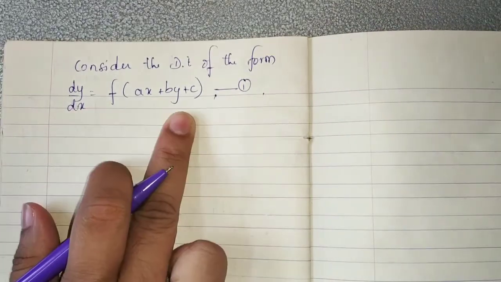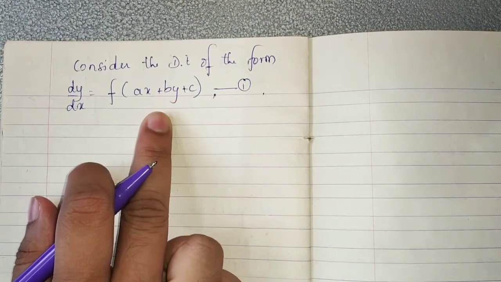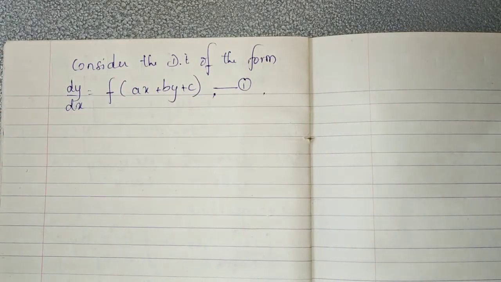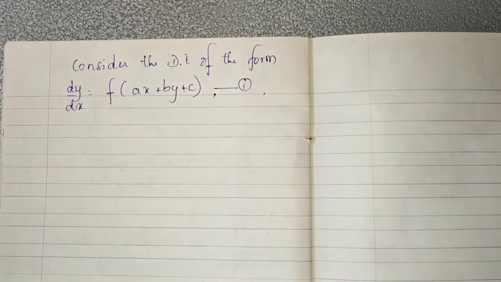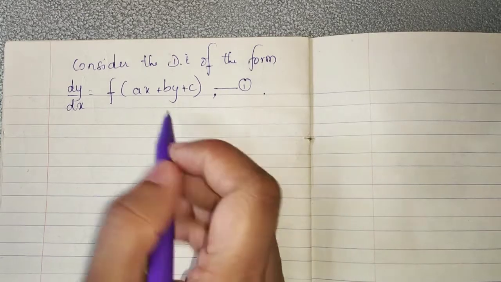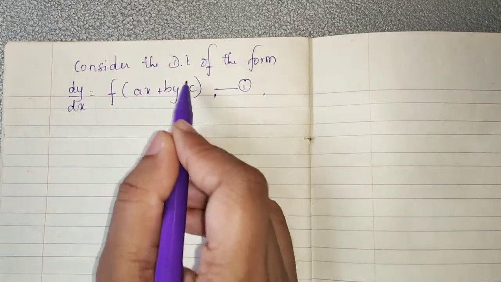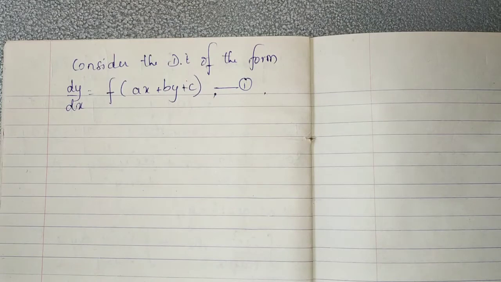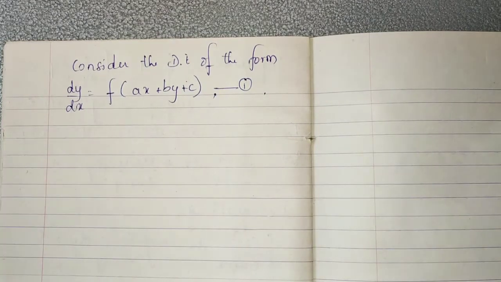You can see here in this equation we cannot separate variables. So for this equation, if we substitute some terms in the given equation, we get this equation converted to the variable separated format. That's why we need to study this.